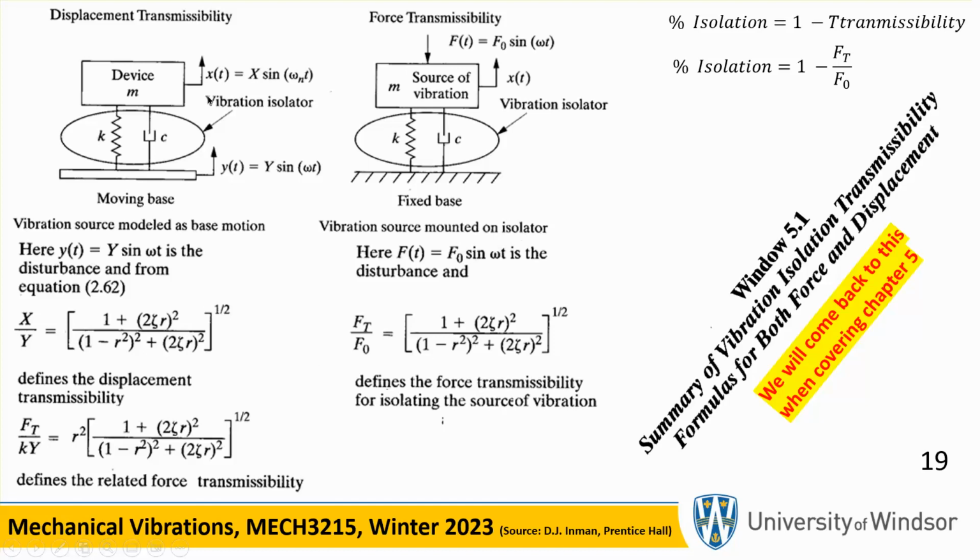However, when we found the force transmitted, or force transmissibility ratio, there is an R squared here. There is an R squared here. And I want to remind you that whenever we have transmissibility, percent isolation is actually this.